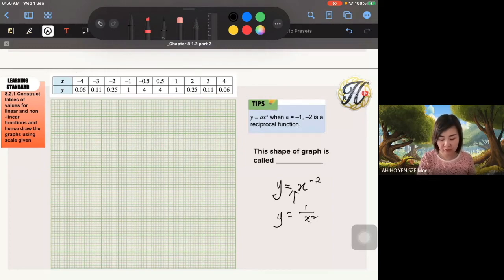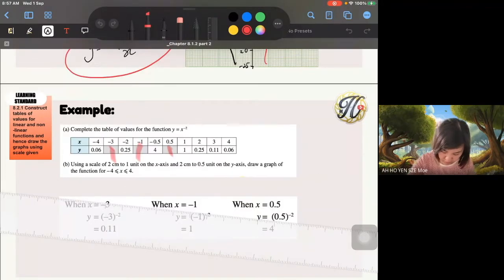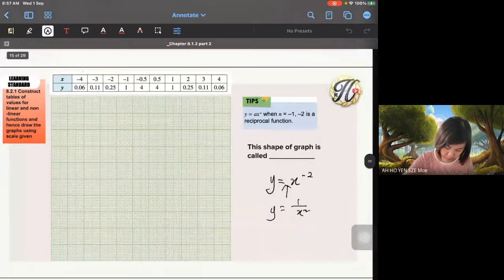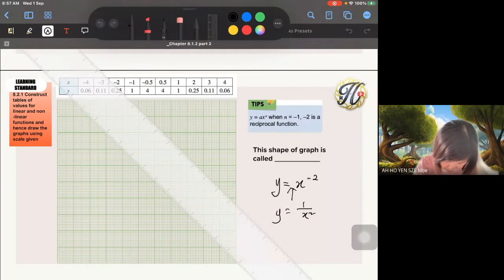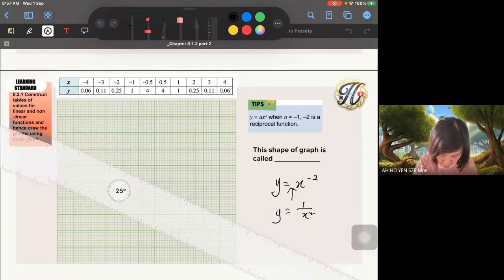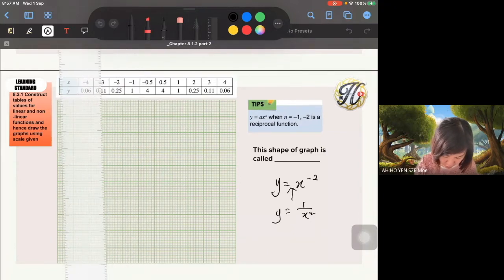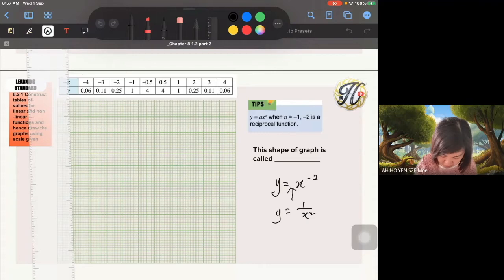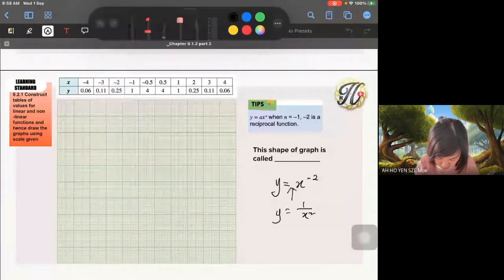Now we need to draw the axes, x and y. Where's my ruler? We're missing a ruler. So this is my ruler. So we need to draw the x and y. When we want to draw the y, I have to look at my x side on the left because there is a negative value. Starting from 0, 1, 2, 3, 4, so you need to go 4, 3, 2, 1, 0. So this should be the middle one.